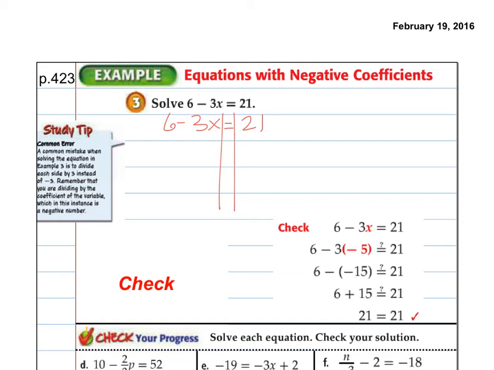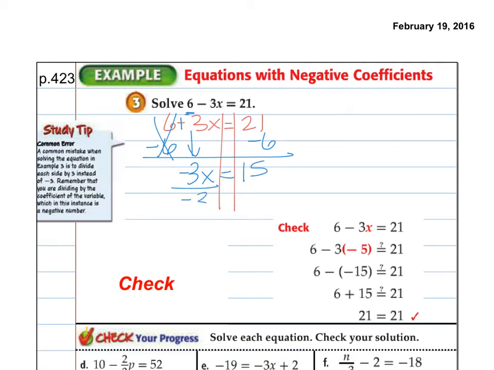And we are going to add the opposite so that we can see that that is actually a -3x. So then we see we're adding 6 and we need to subtract 6. 6 minus 6 on both sides. Bring down the -3x. So sometimes people just bring down 3. We want to see that that's a -3. Equals 15.